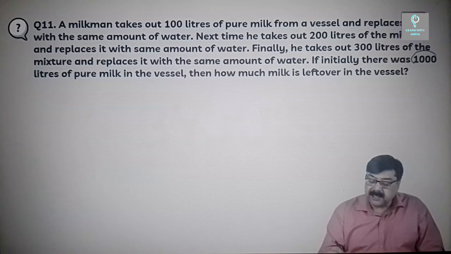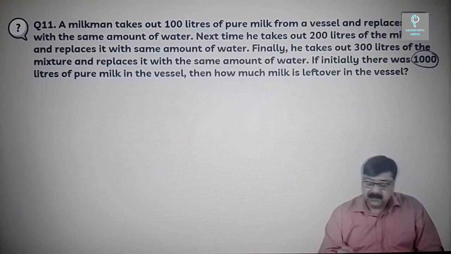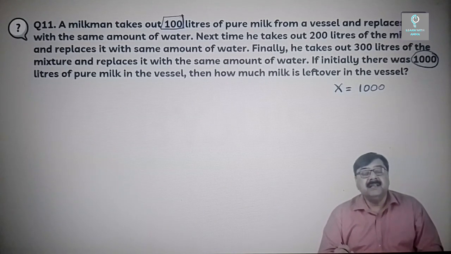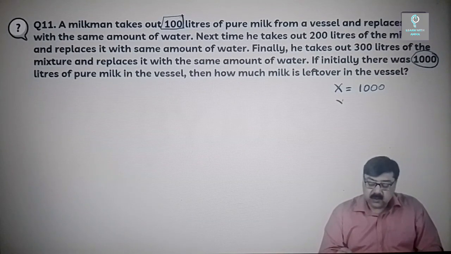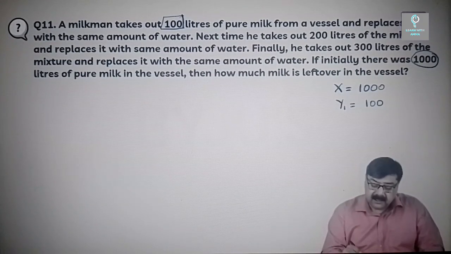So it is given to us that initially there is 1000 liters of pure milk in the vessel. So the value of x here becomes 1000 liters. First, 100 liters of pure milk is taken out from the vessel, so y1 becomes 100 liters and is replaced by the same quantity of water.